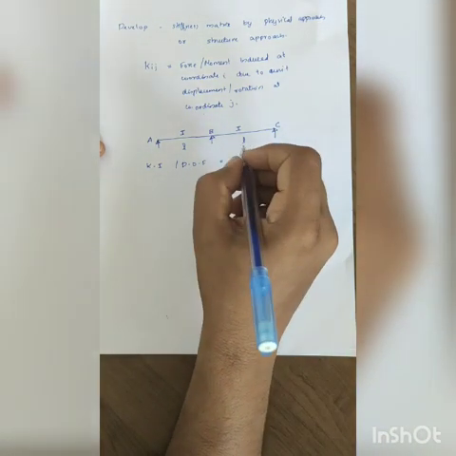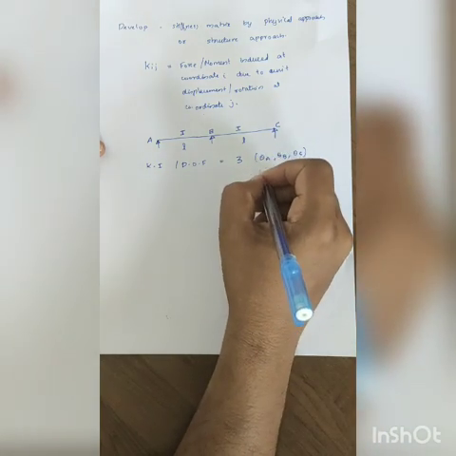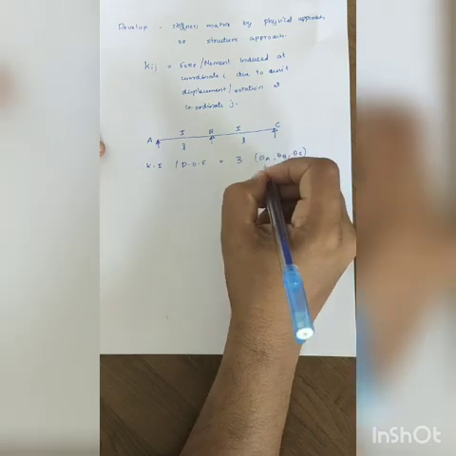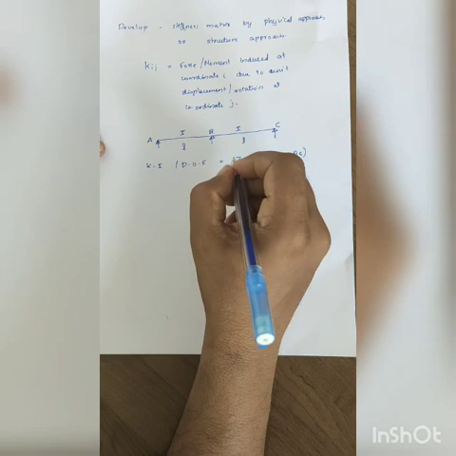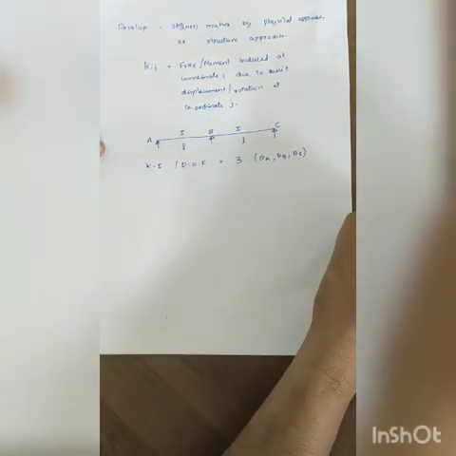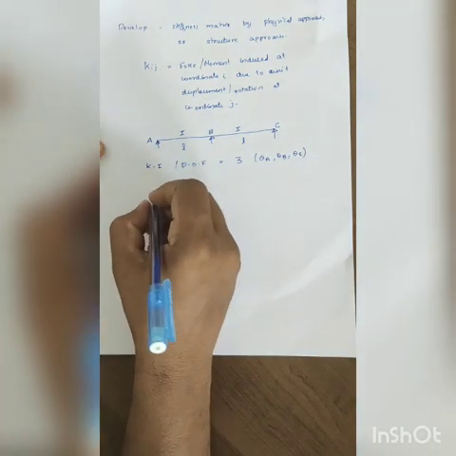Now the structure stiffness matrix will be a 3 by 3 square matrix, and there will be 9 elements, structure influence coefficients, to develop the structure stiffness matrix. So the first step is to develop the structure influence coefficients.